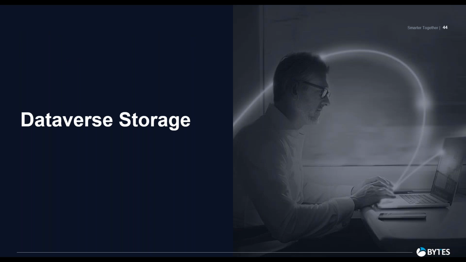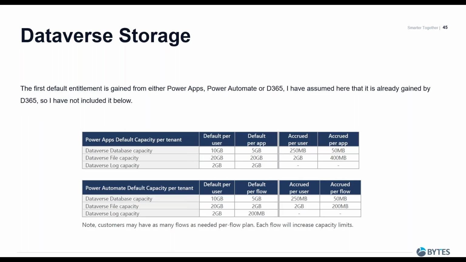And then let's have a look at Dataverse. So Dataverse is the underlying storage of the Power Platform. When you buy Power Platform products such as Power Apps and Power Automate, you get a certain amount of storage, which you can see here on a per tenant basis. You get that as part of Power Apps, Power Automate, and Dynamics 365.